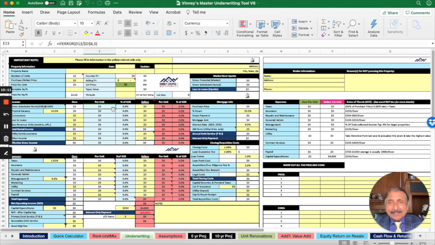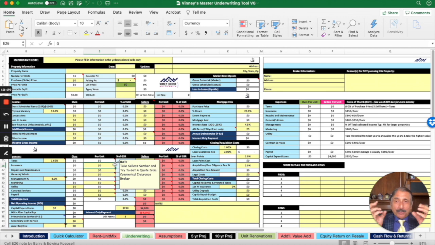Then we have the pro forma numbers and actual numbers: what the seller is getting in revenue, and what he or she is spending in expenses from the P&L. And then we also have ROT, which means rule of thumb.